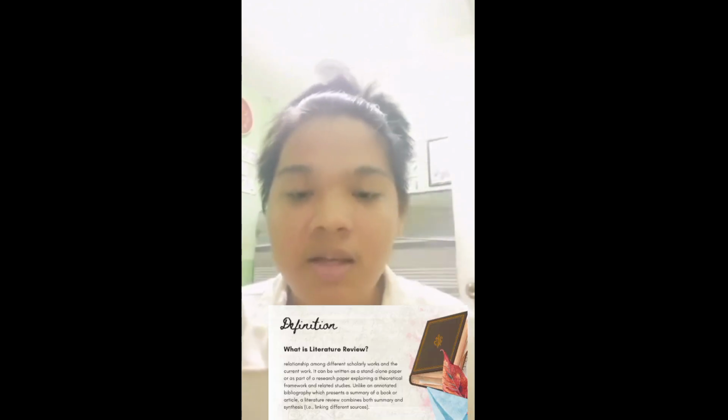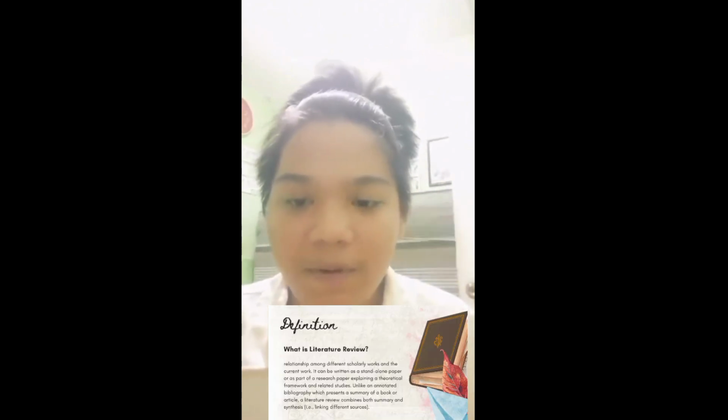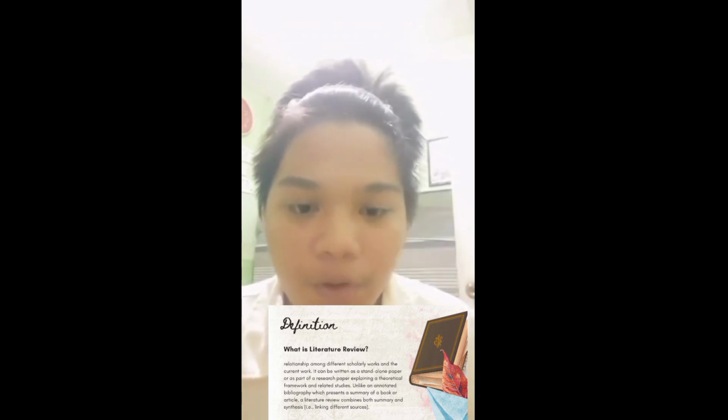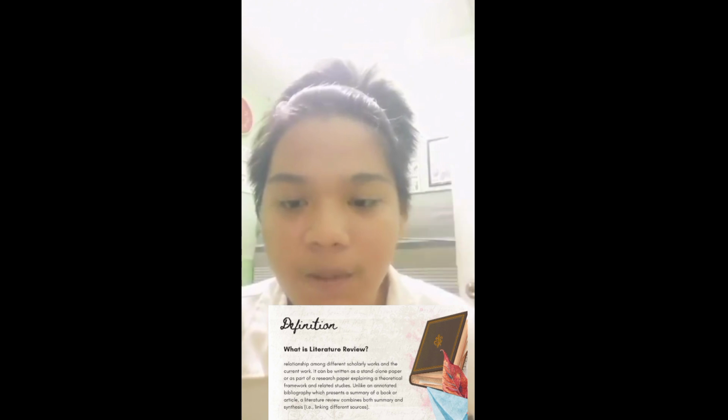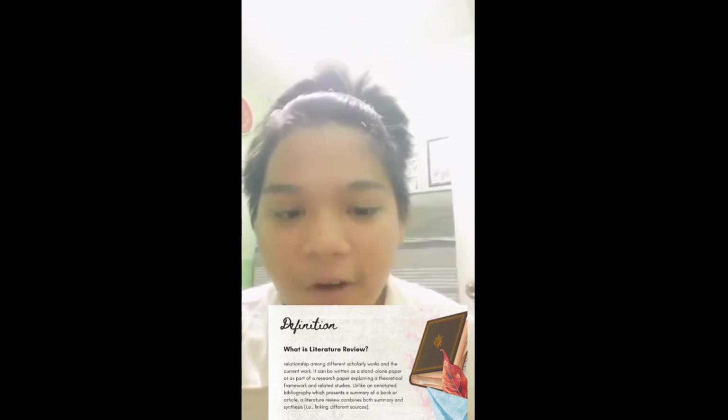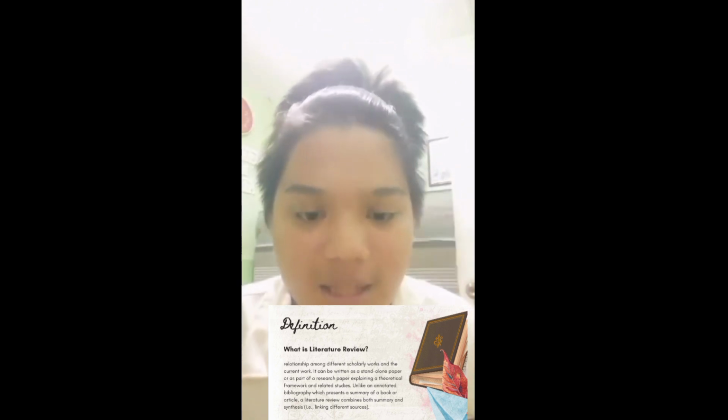As an advanced form of academic writing, a literature review critically analyzes the relationship among the different scholarly works and the current work. It can be written as a stand-alone paper or as a part of a research paper explaining the theoretical framework and related studies.